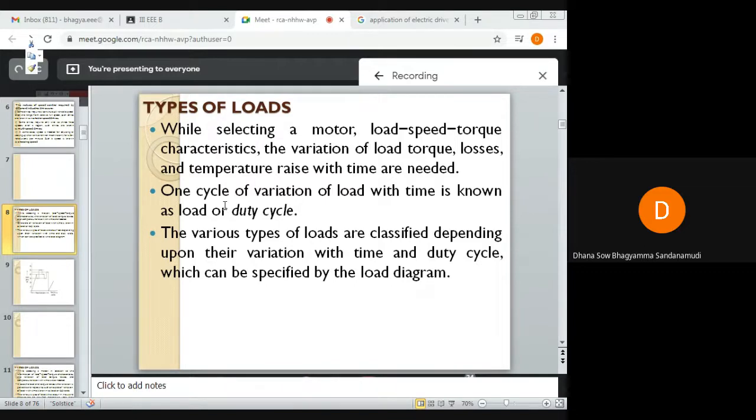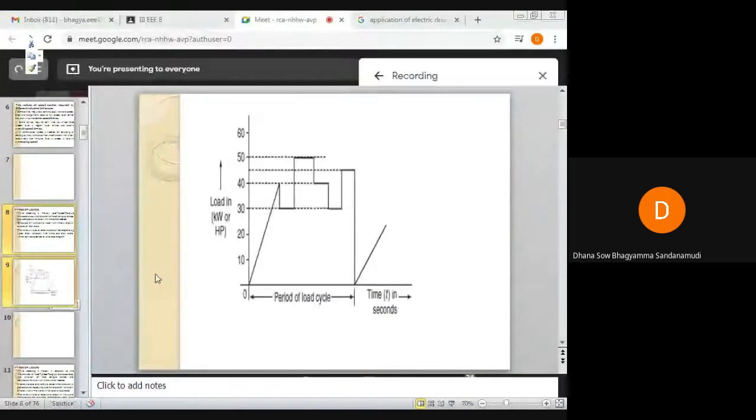And this can be specified by a diagram known as a load diagram. This is the figure which shows a typical duty cycle or load cycle, which gives the variation of the load with respect to time.